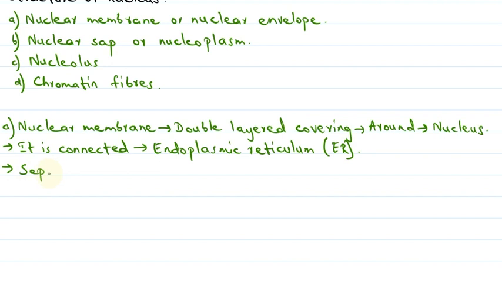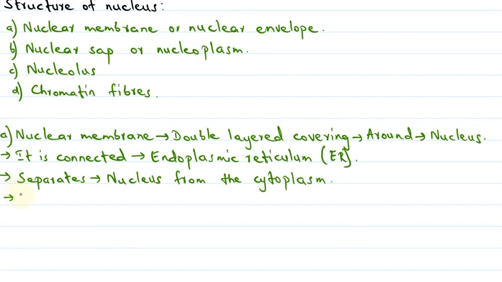Alright, then this nuclear membrane actually, what does it do? It separates the nucleus from the cytoplasm. Okay, so this is the function of the nuclear membrane, and the nuclear membrane also has pores which allow the transfer of materials from inside the nucleus to its outside, that is to the cytoplasm.